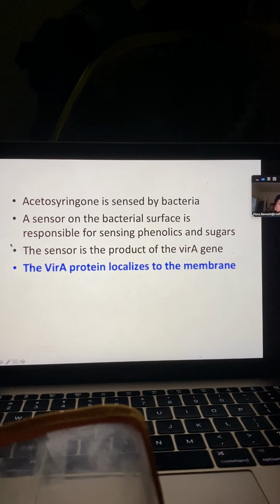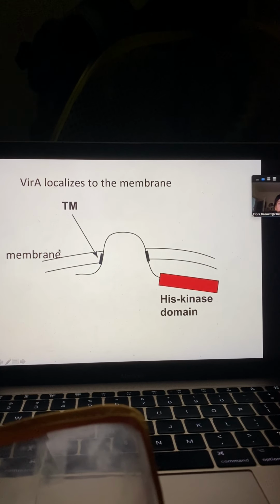And VirA localizes, obviously it's going to be perceiving something from the outside, it has to localize to the membrane. So VirA has, in a cartoon form, this is the amino terminus, at the C terminus you have the histidine kinase domain. It has transmembrane domains that thread through the membrane twice.